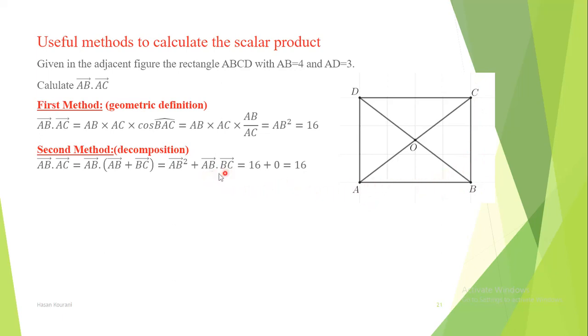And the dot product of orthogonal vectors is 0, which is a fact. So AB square, the length of AB square, which is 4 square, 16, plus 0, which is 16, the same result as the previous method.